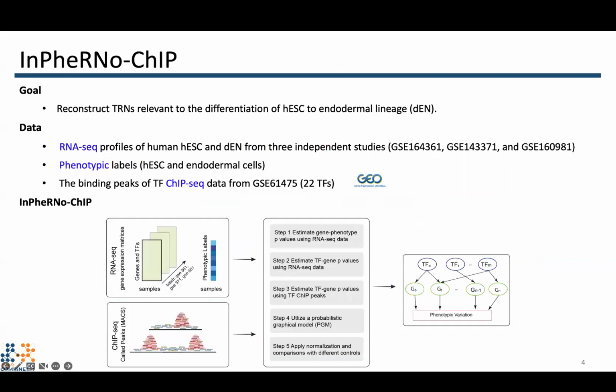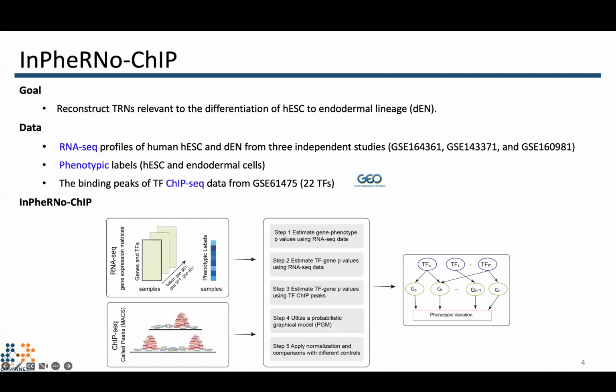As inputs to our new model, InPheRNo-ChIP, we used RNA-seq data from 3 independent studies, ChIP-seq data, as well as phenotypic labels. InPheRNo-ChIP utilized a probabilistic graphical model, PGM, to integrate regulatory evidence between TFs and genes with phenotype relevance information of genes to reconstruct a phenotype-relevant TRN.